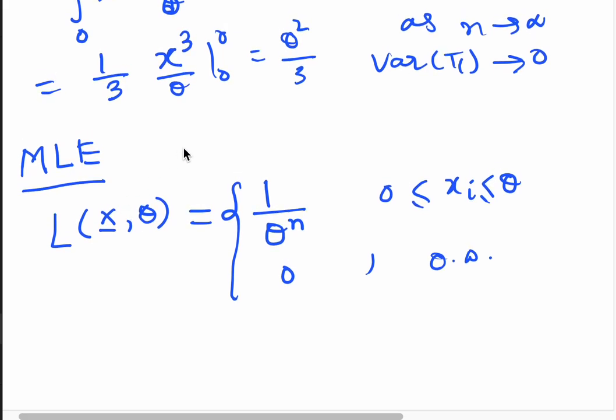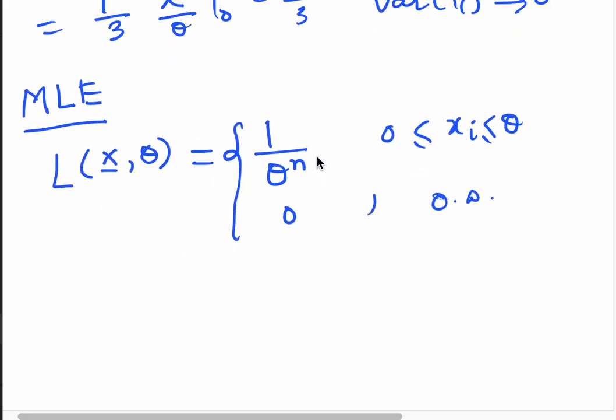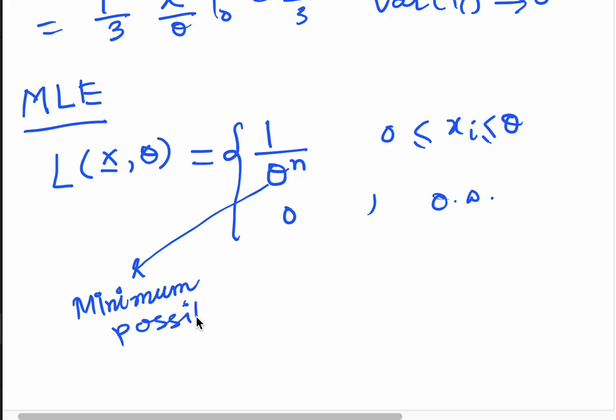Now from the maximum likelihood method, we know that we have to choose a value of theta for which this function will be maximized. That means we have to choose the minimum possible value of theta. And what will be its minimum value?